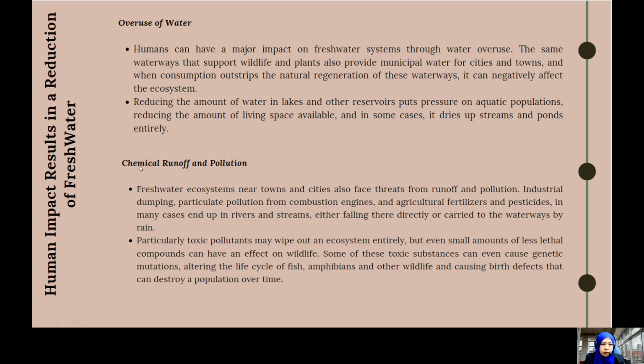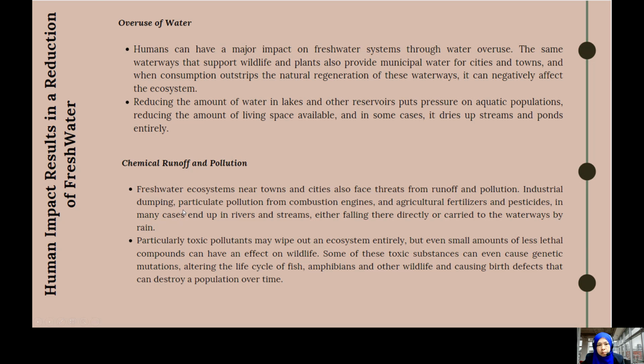Now, chemical runoff and pollution. Freshwater ecosystems near towns and cities also face threats from runoff and water pollution.